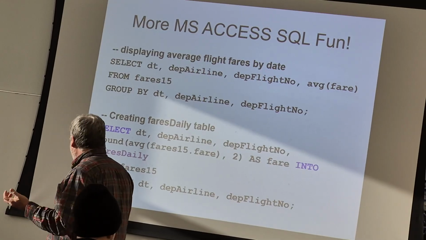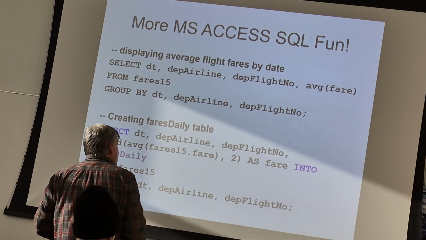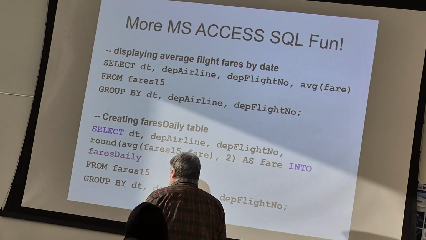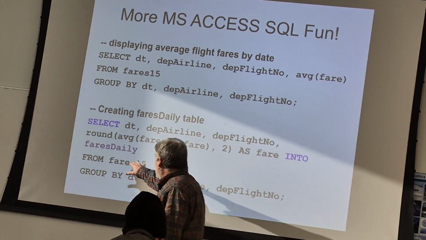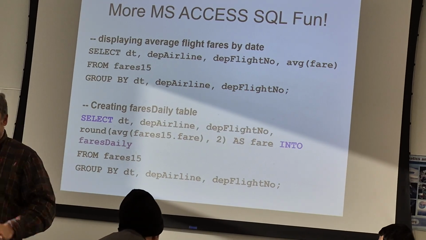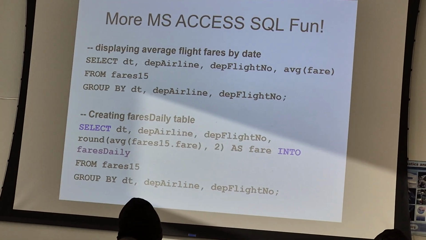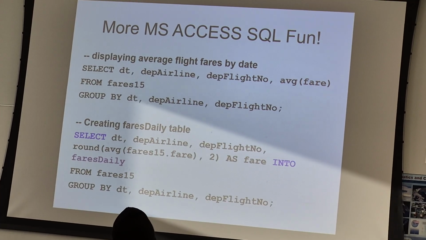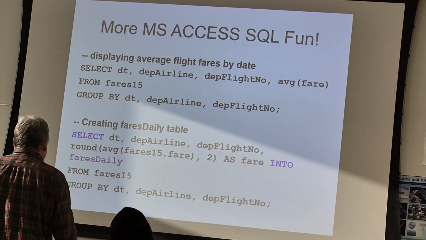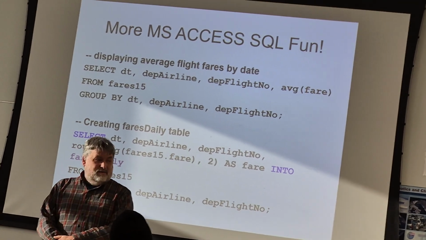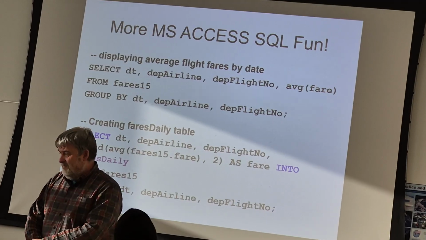And so once I've played with my query enough that it's giving me exactly what I want, then I actually solidify it into its own table, fares daily, which is what I used in that linear regression PowerPoint to demonstrate to you how to build a time series of airfares that you could determine a slope and a y-intercept from.